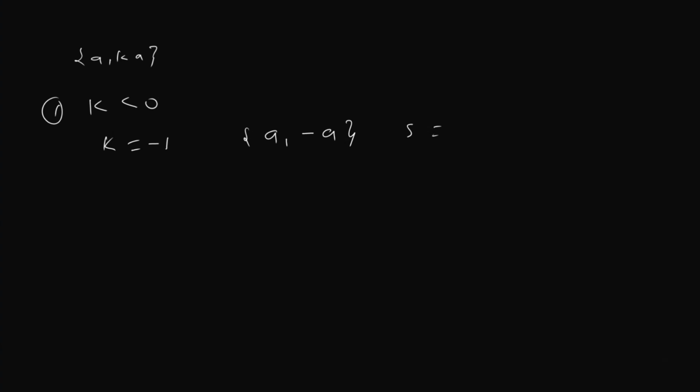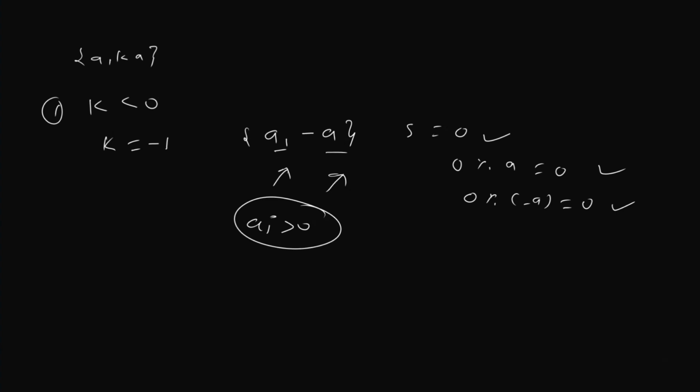The sum would become 0, and 0 is divisible by both of these. 0 modulo a gives 0, and 0 modulo minus a gives 0. This is also true, but here also we need each element greater than 0, so this doesn't satisfy.